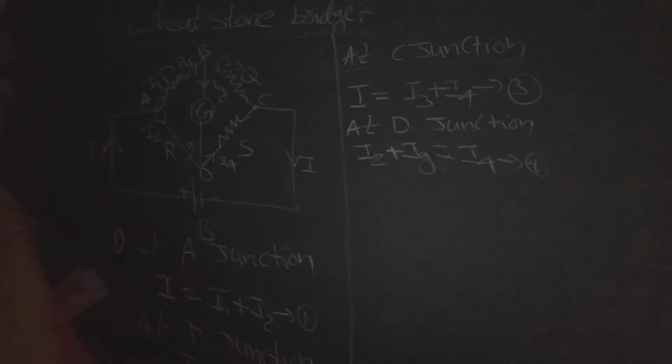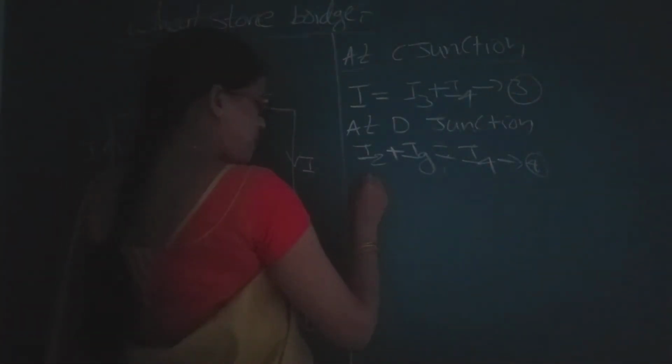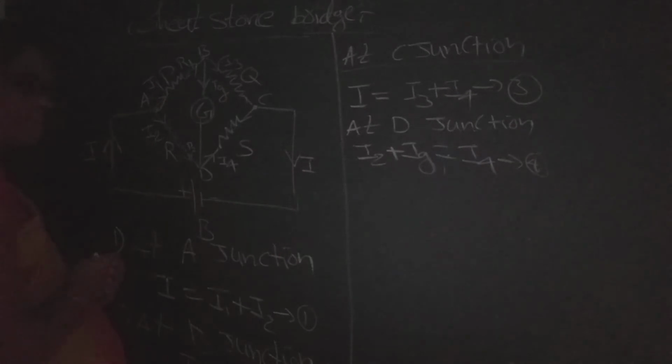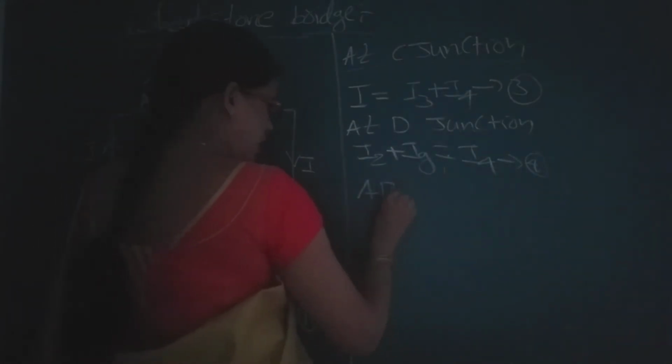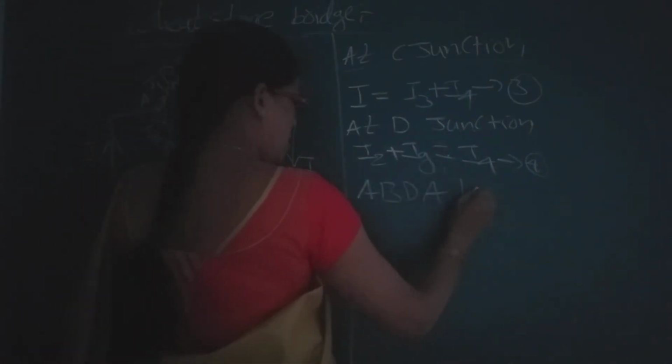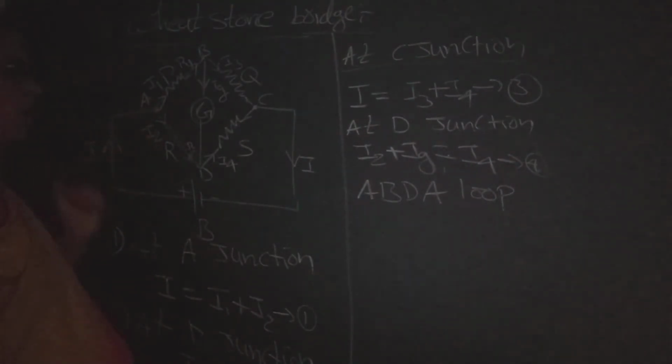Next, I am applying the loop law to loop A, B, D, A. Loop law is nothing but voltage law, the V equals IR concept.